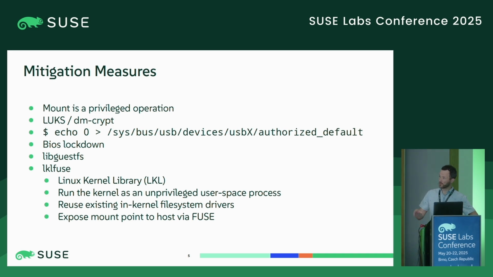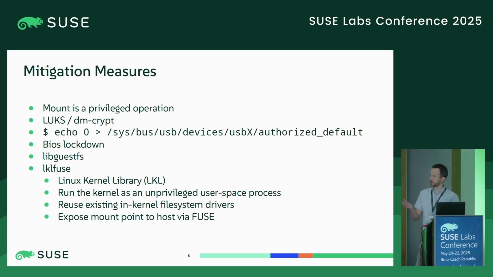So then within the operating system itself, we can also run things like libguestfs. So this is a more heavyweight virtualization or virtual machine, into which the USB device can then be plumbed, and that can then expose it to the host. And finally, lklfuse. So this is also Linux kernel based.